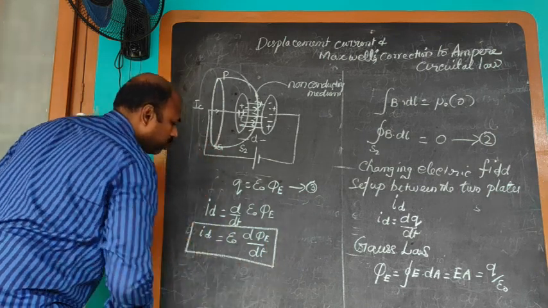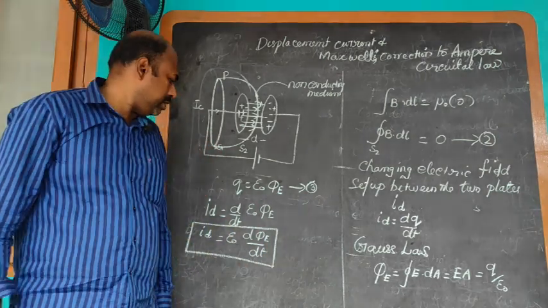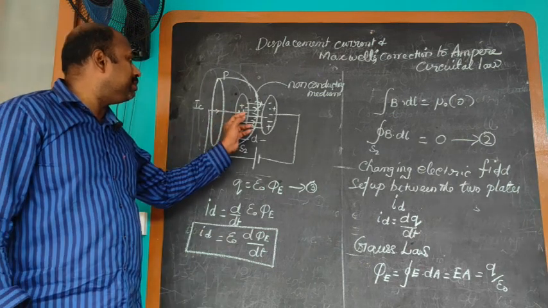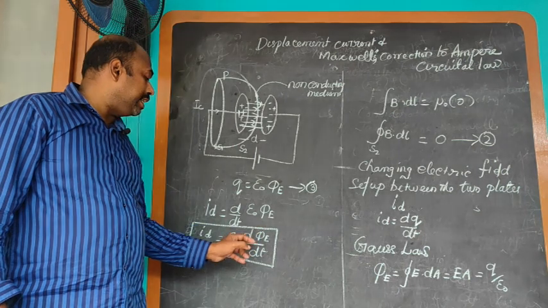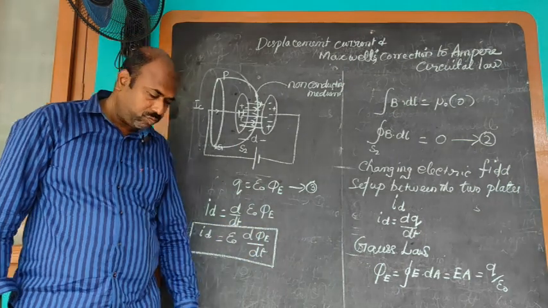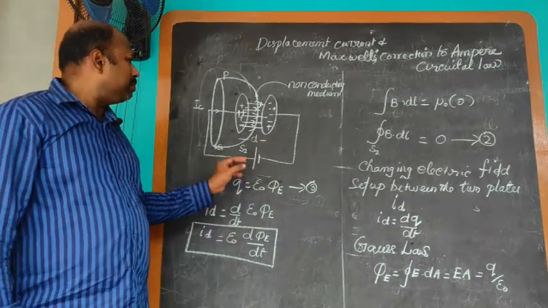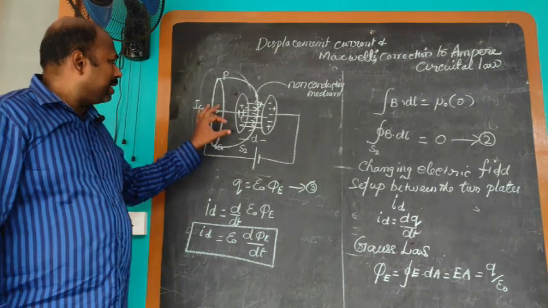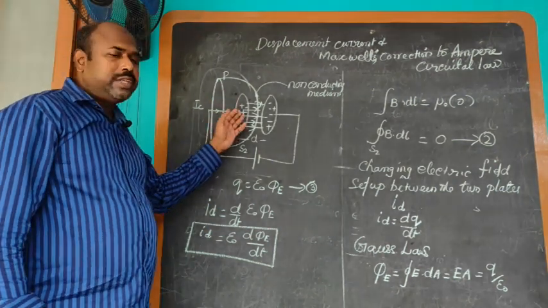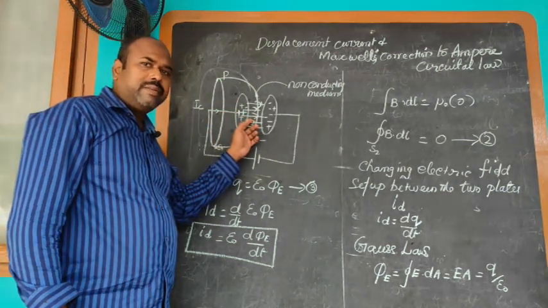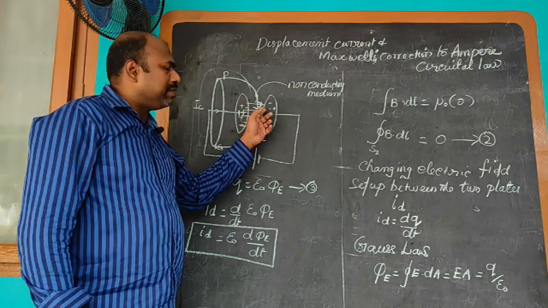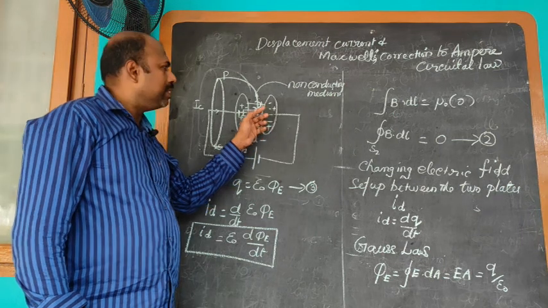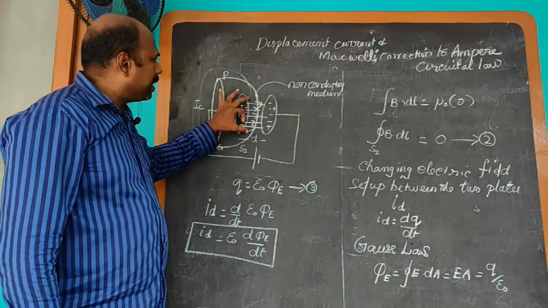So this is the displacement current. There is a current passing between the plates, ID equal to epsilon 0 into d phi E divided by dt. The displacement current is a current that comes into play in the region where electric flux changes, or the changing electric field produces a magnetic field.